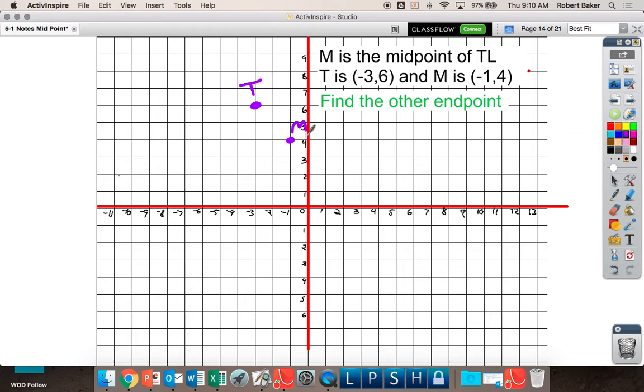I need point L. So to do it the graphy graph way, I must count to my midpoint, then count beyond my midpoint. So I count down 2, over 2. What must I do to go beyond my midpoint? Down 2, over 2. This is the location of L, my other endpoint. You must identify that location to get the correct answer. What is the location of L? 1, comma 2.